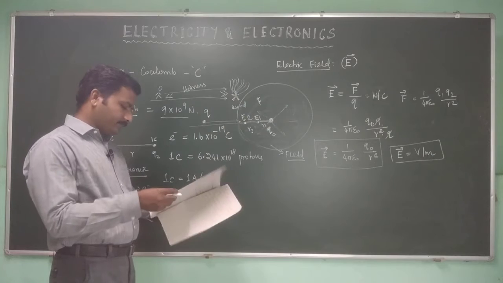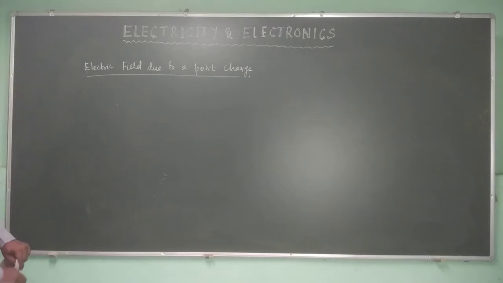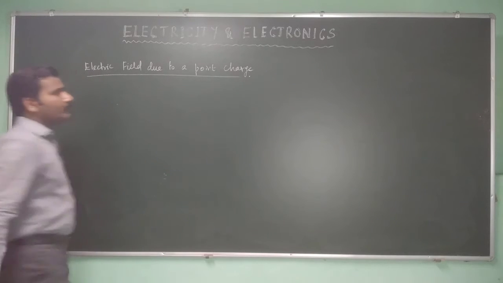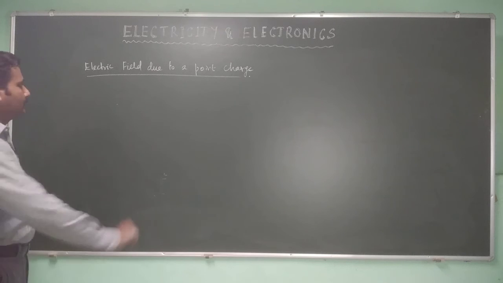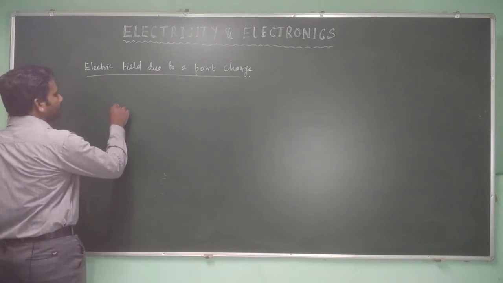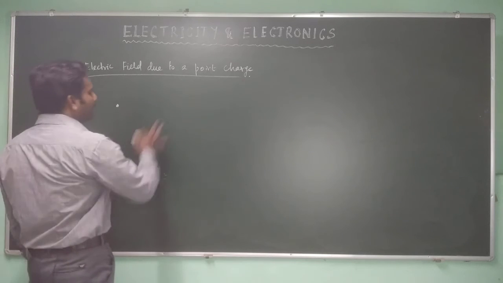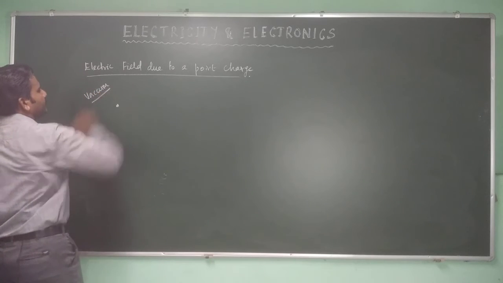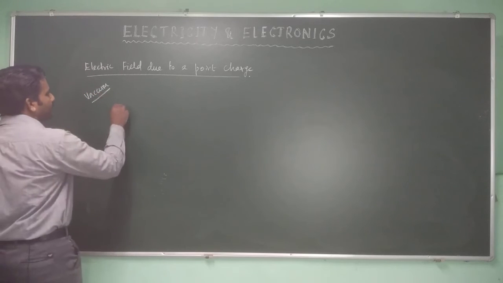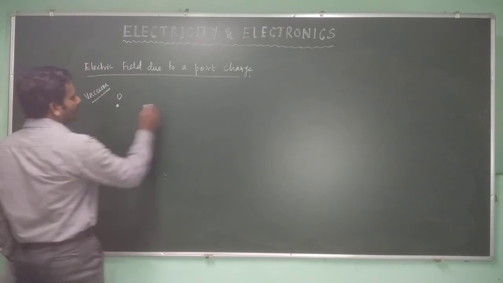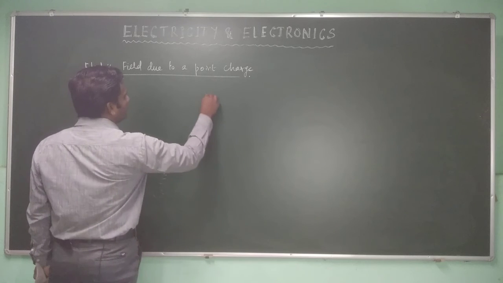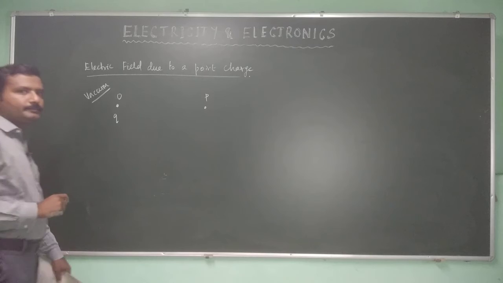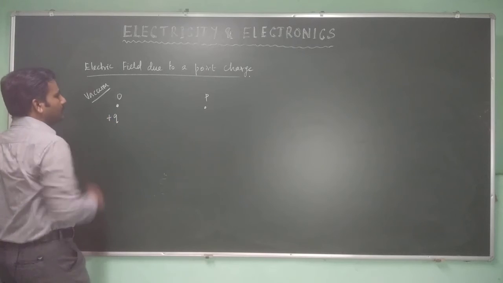But now, electric field due to a point charge. Assume that the entire thing happens in vacuum. We create a situation where there is a point O and another point P. At point O there is a charge Q. It's a positive charge, assume that.